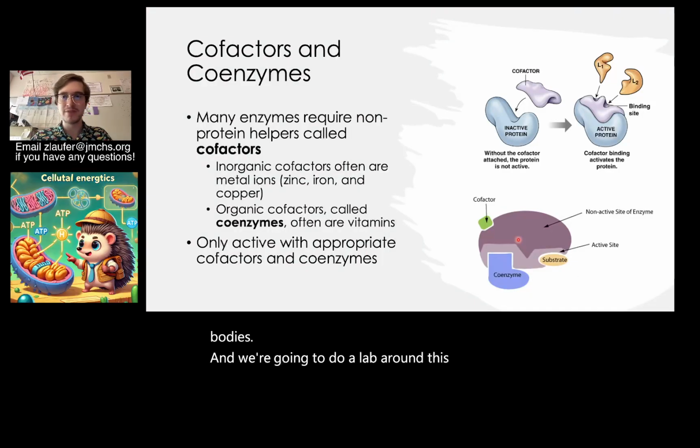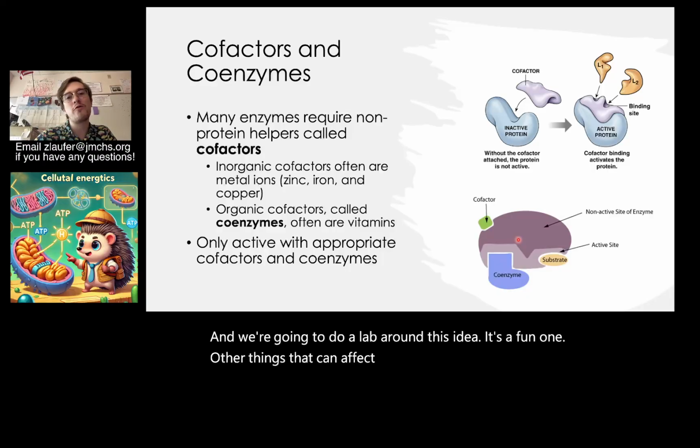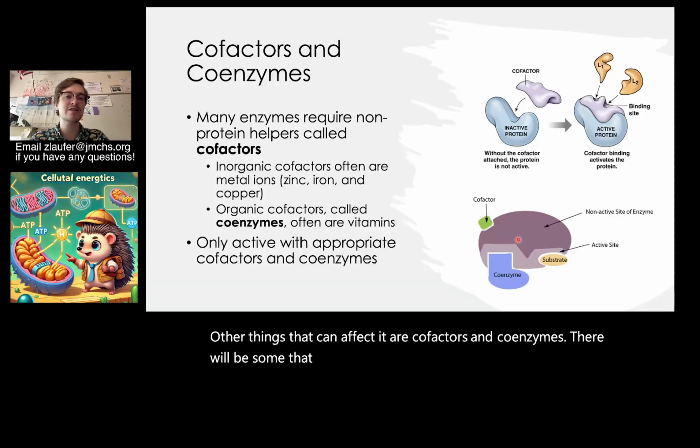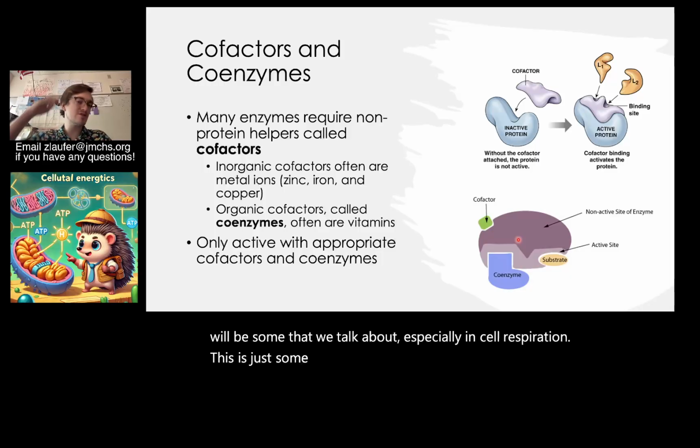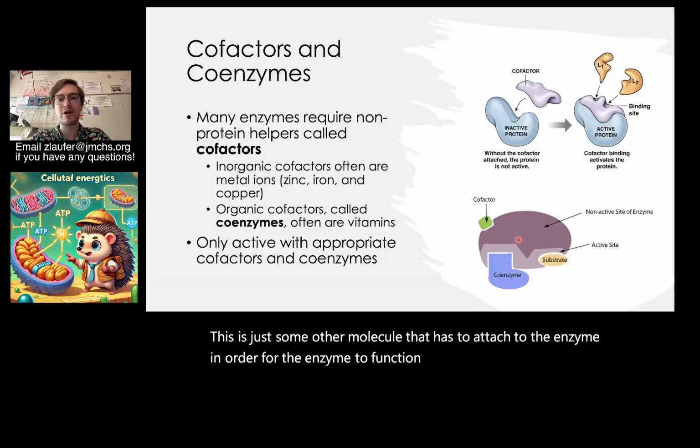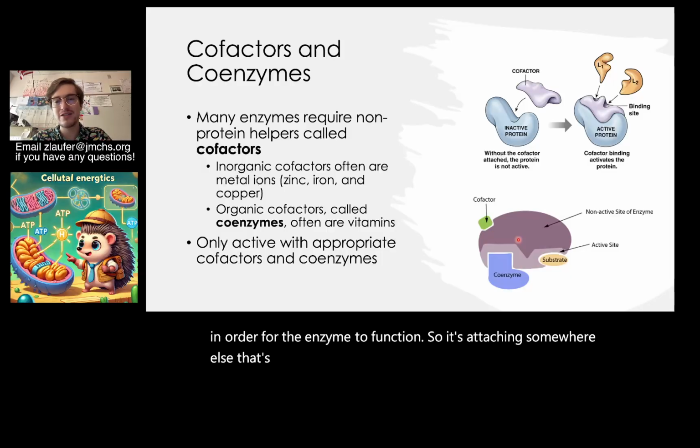It's a fun one. Other things that can affect it are cofactors and coenzymes. There will be some that we talk about, especially in cell respiration. This is just some other molecule that has to attach to the enzyme in order for the enzyme to function. So it's attaching somewhere else that's not the active site.